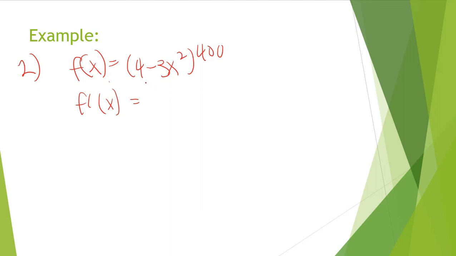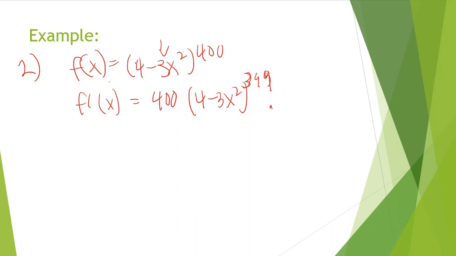So, the derivative of the outer function is we bring down 400, di ba? And then 400 minus 1 is 399. Yung nested function, kokopyahin lang natin yan. Multiplied by the derivative of the nested function, itong inner function na 4 minus 3x squared.